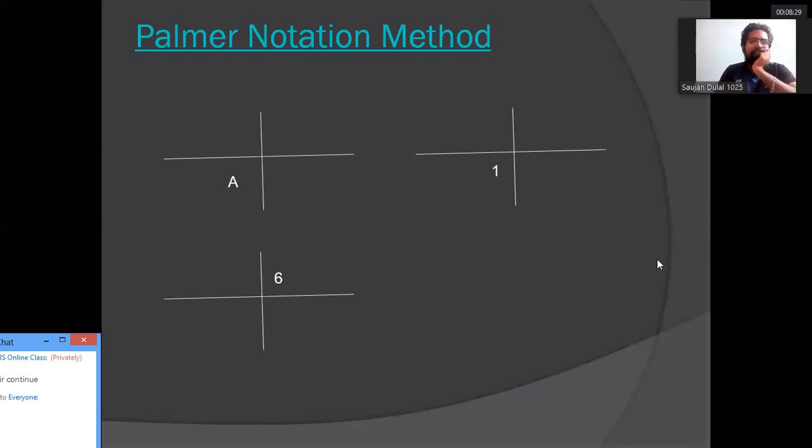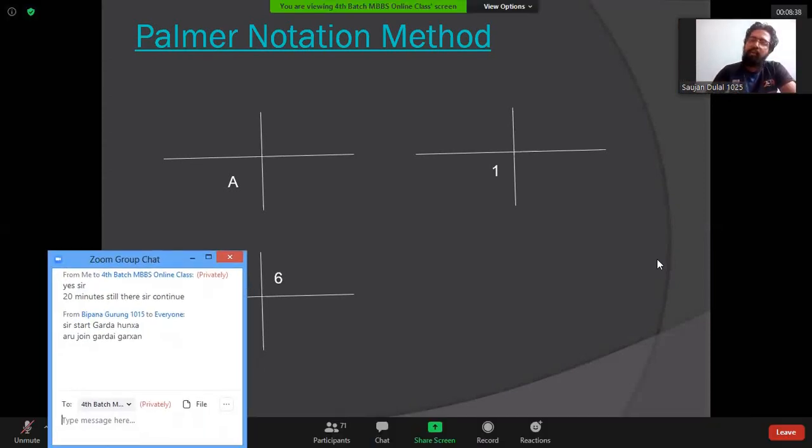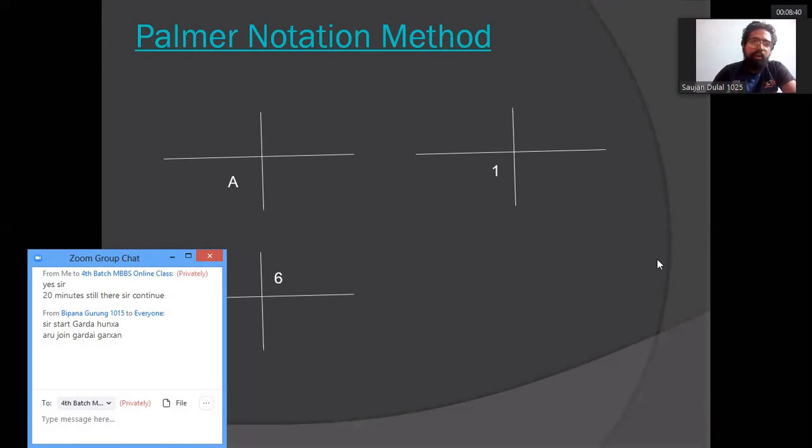Now another one to Susan. Third one. Left upper permanent first molar. Very good. Excellent.